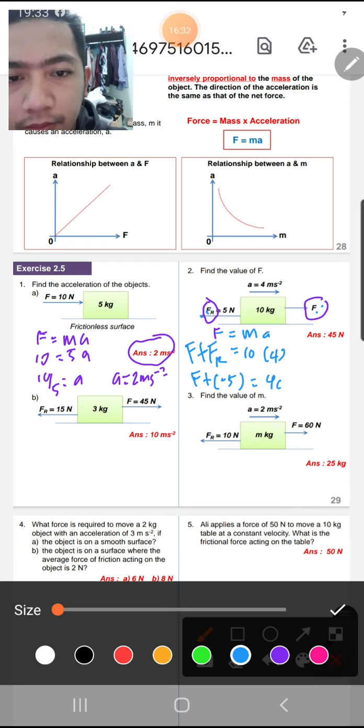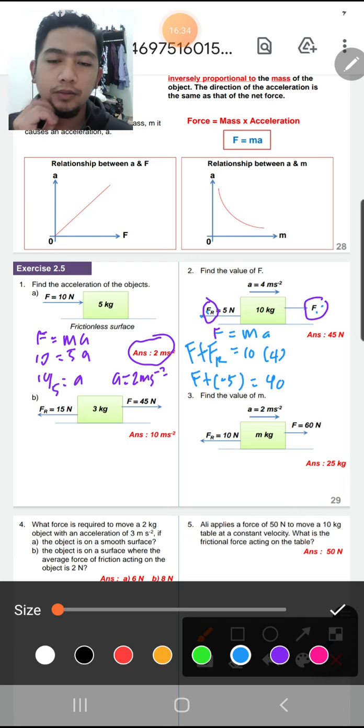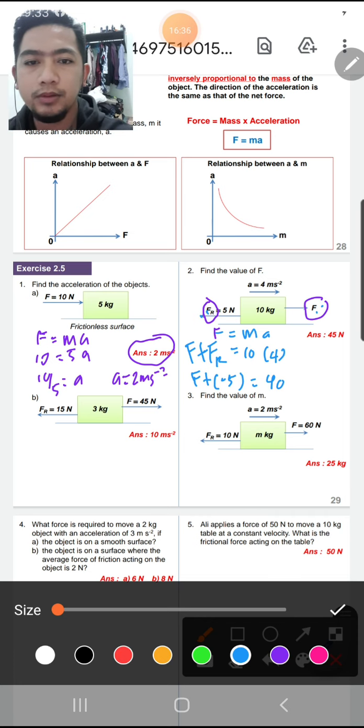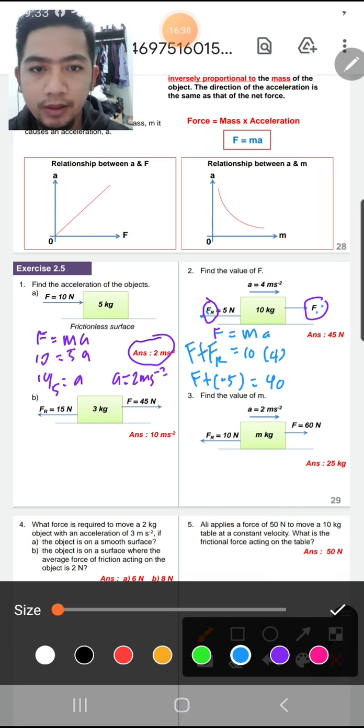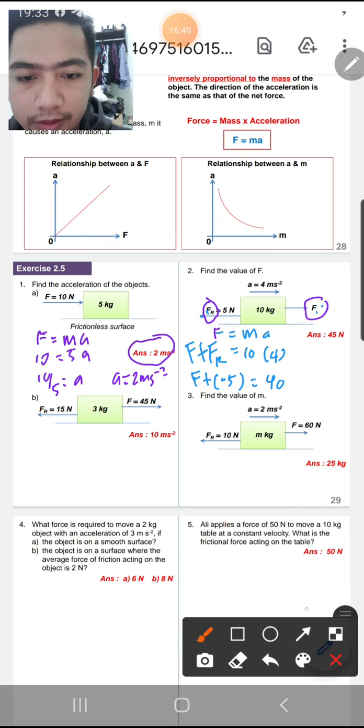Okay, here is 40. You may be asked why the FR is negative 5. Look at here. The direction of this force F is to the right.